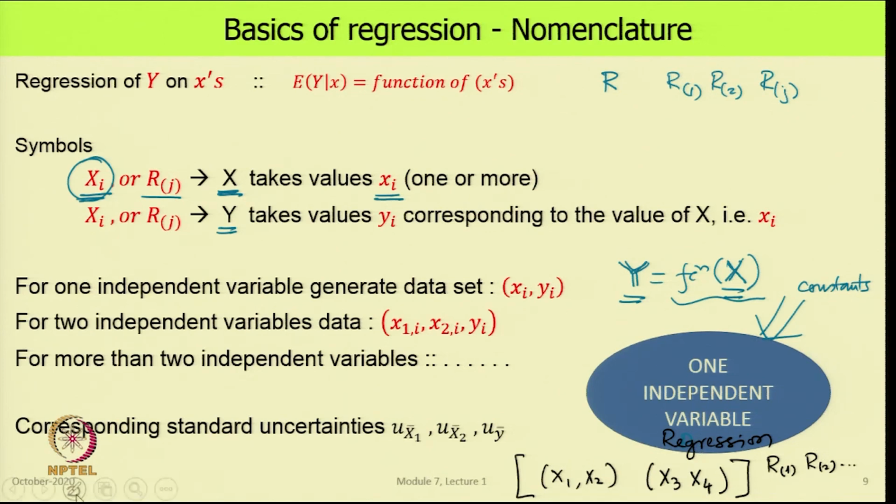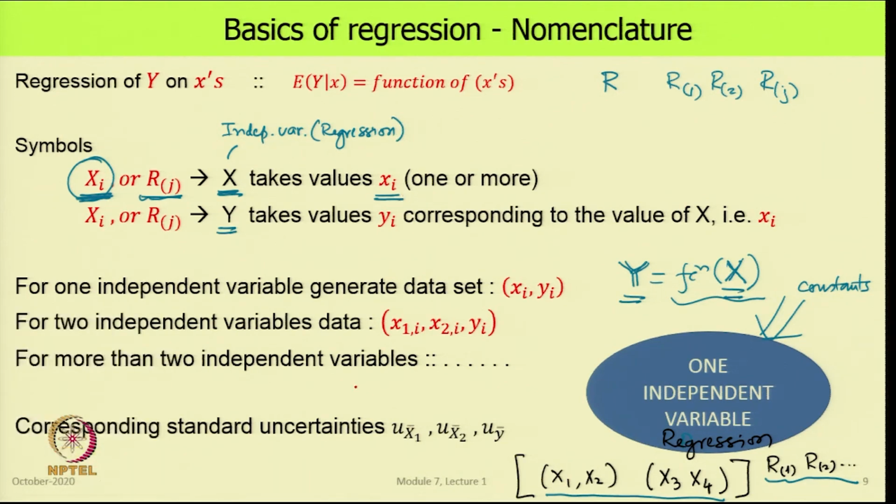We are saying now that any of the xi's which were here or any of the results that we have computed which is here, this could be our x. x is our independent variable. Now, we are talking of regression, and this we will denote as taking some values which we denote as x subscript i.